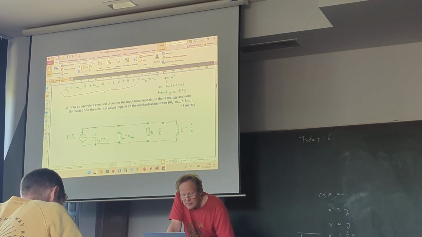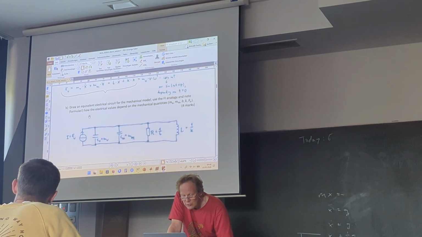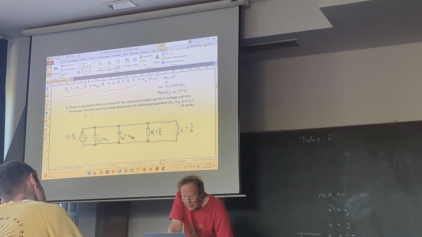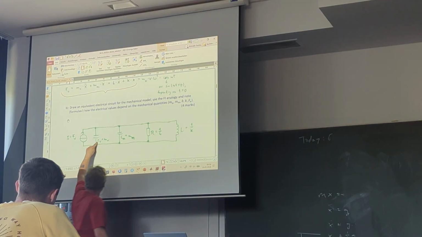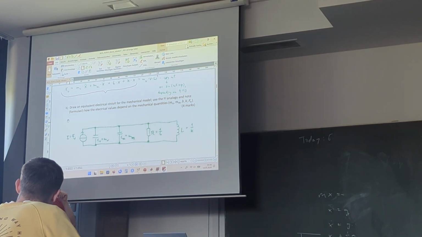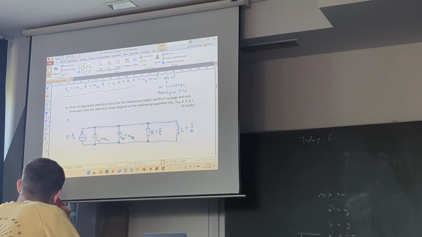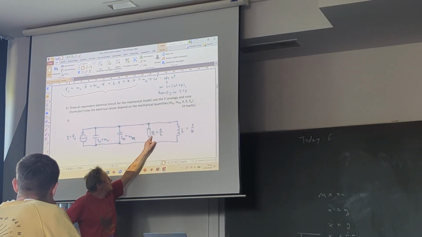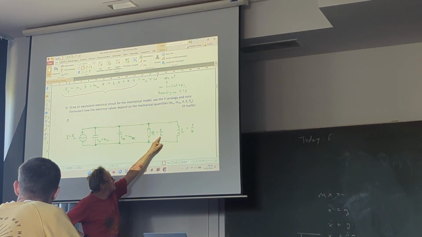Okay, then the next question was draw an equivalent electrical circuit for the mechanical model, use the Fi analogy and note here formulas I just said. So I'm interested, for example, a capacitor could be larger or smaller with the corresponding mechanical quantity. Here the capacity is proportional to the mass, but for example here the resistor is indirectly proportional to the damper constant.